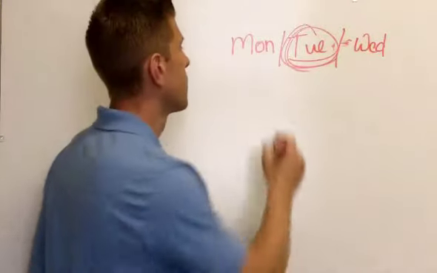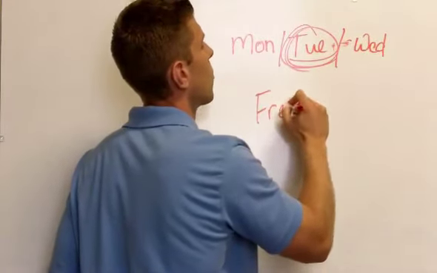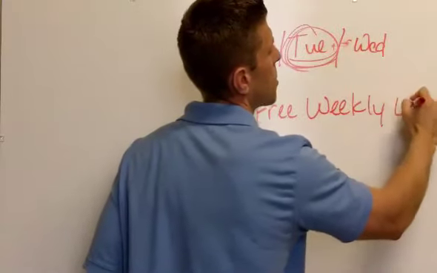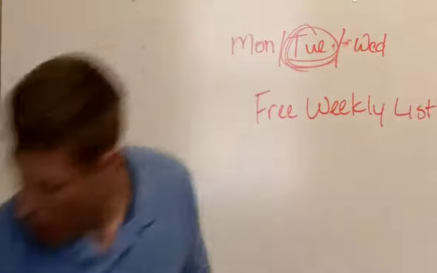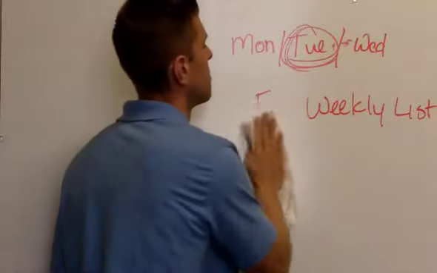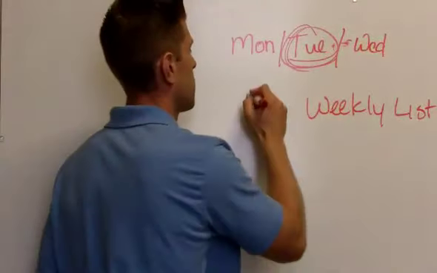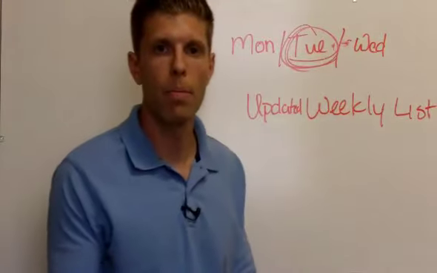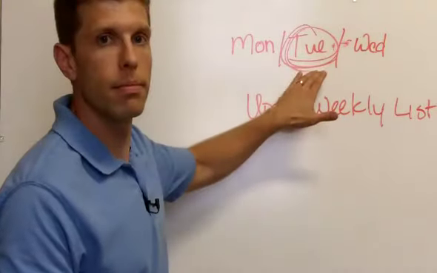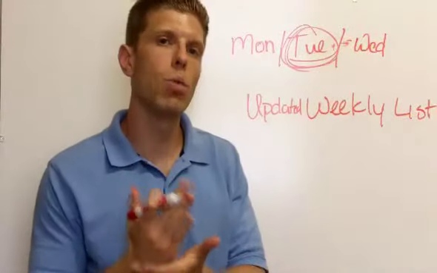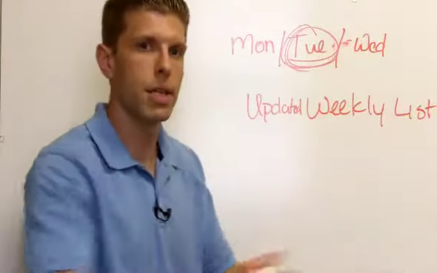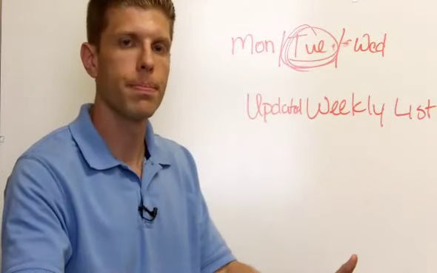What are we sending? An updated weekly list. So, let's go back to the foreclosure list example. Every Tuesday, we're going to send an updated weekly list of all the foreclosures in blank county, in blank city, in blank neighborhood, whatever.